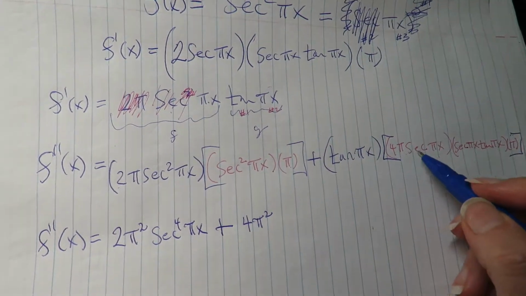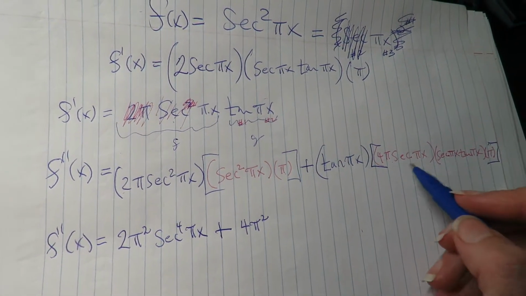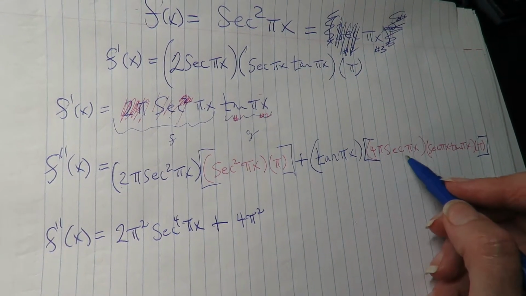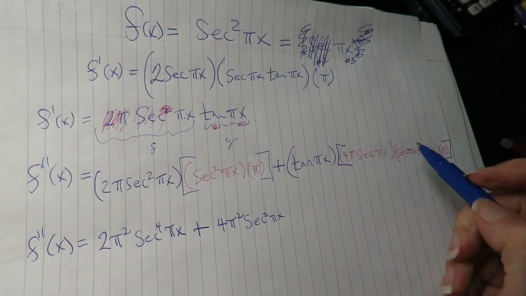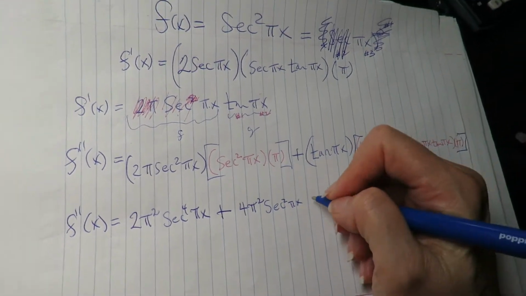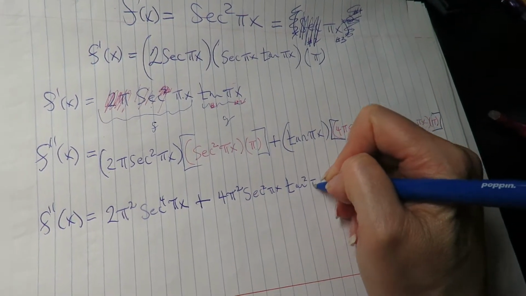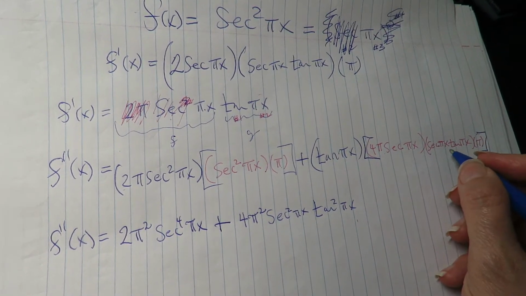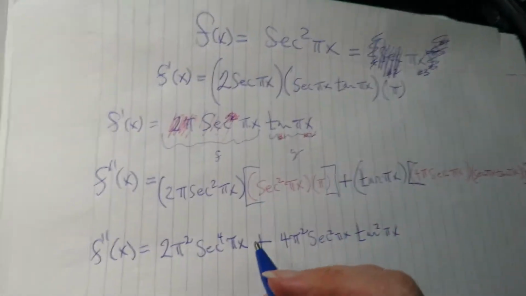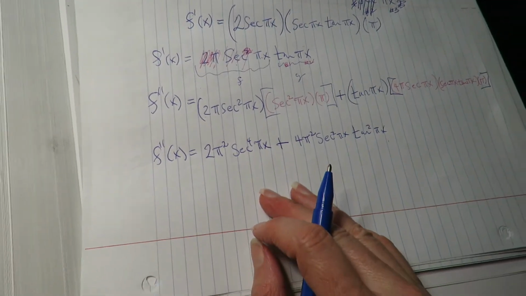This is a 4 pi squared. All right, who wants to be friends? Secants want to be friends. Who else? Tangents. All right, did I get everybody? Is anybody else lost floating in space here? No. Okay. Woo!